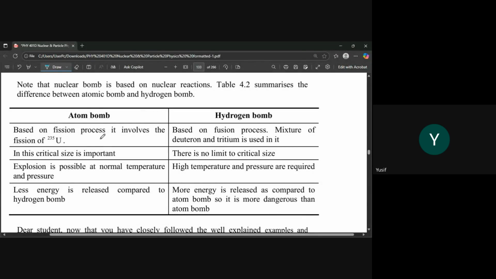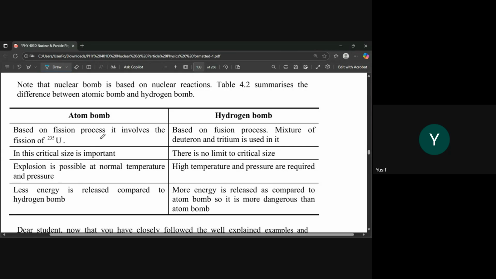We can also talk about the summary of nuclear fission and nuclear fusion. Nuclear fission is used in making the atomic bomb and those kinds of things, but nuclear fusion is used in making the hydrogen bomb.